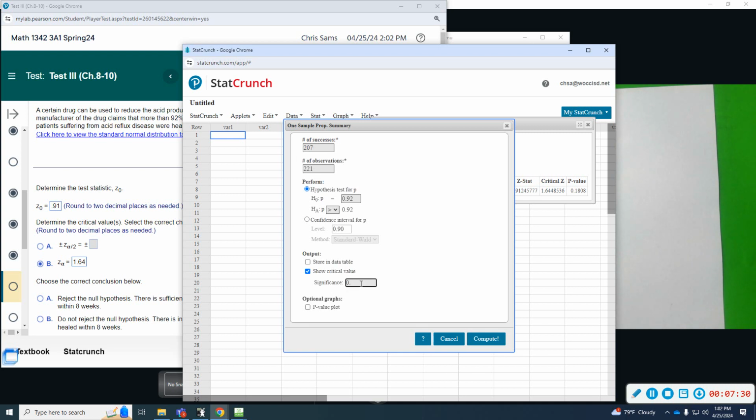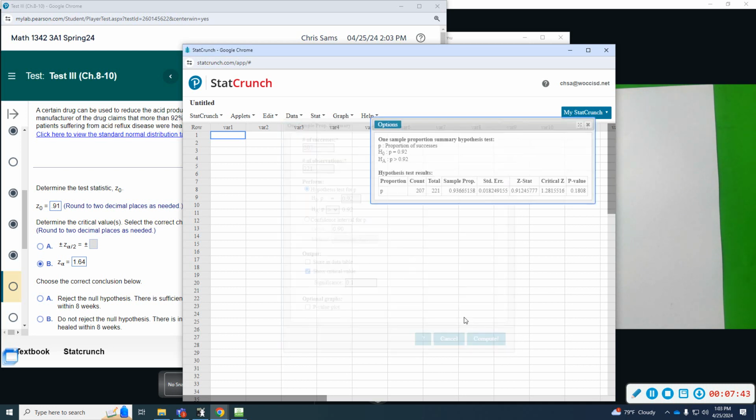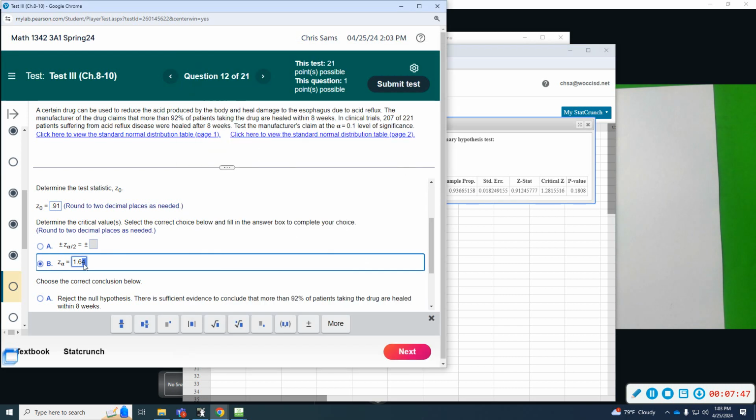That's why it's showing different. 0.1. Sorry. 0.1. That's why it's looking different. There we go. So 1.28. So we got Z-stat 0.91, 1.28 for our Z alpha.